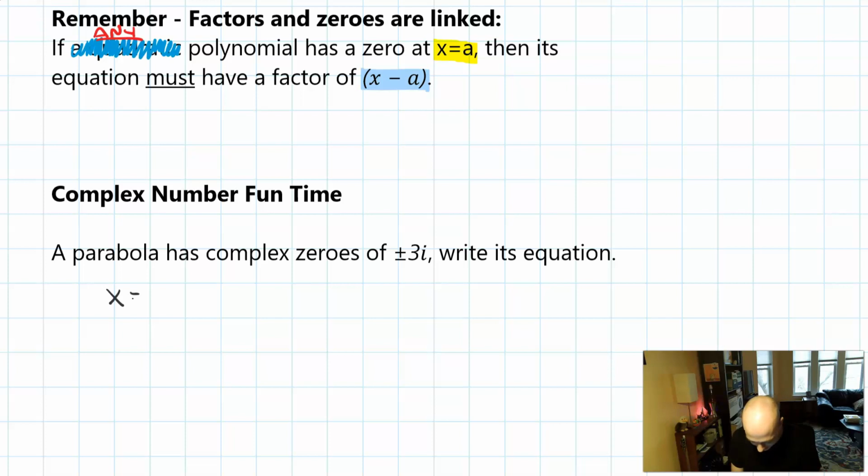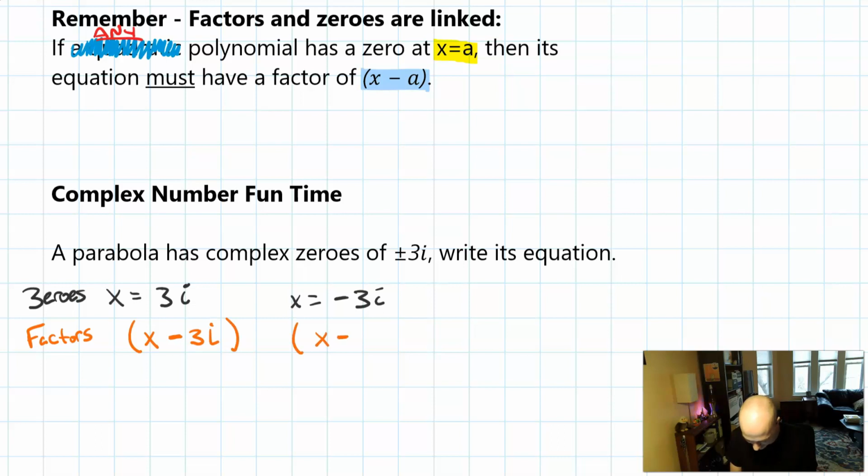If the zeros are x equals 3i and x equals negative 3i, then this little thing that I'm going to call the factor theorem says that the factors are going to be x minus that and x minus that. So x minus minus 3i, I actually write it out.